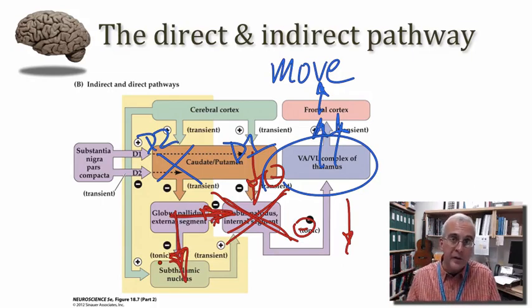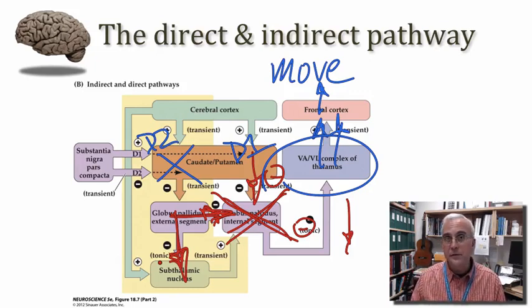So you see, in the presence of dopamine, the direct and the indirect pathway become synergistic partners for the facilitation of movement. And we'll talk in just a few minutes about the impact of Parkinson's disease, which involves a loss of dopamine. And I think now you should appreciate how important dopamine is for the synergistic function of this circuitry of the basal ganglia.